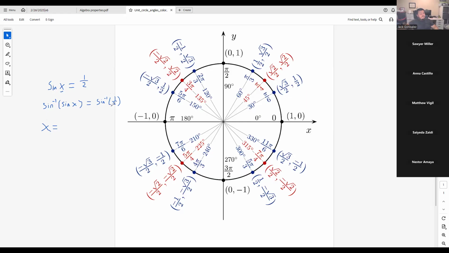So when you punch this into your calculator, let me show you. Or maybe punch it in yourself. Sine inverse of 0.5 is going to give me 30 degrees, which we can see as the answer here, right? The calculator should give me 30.